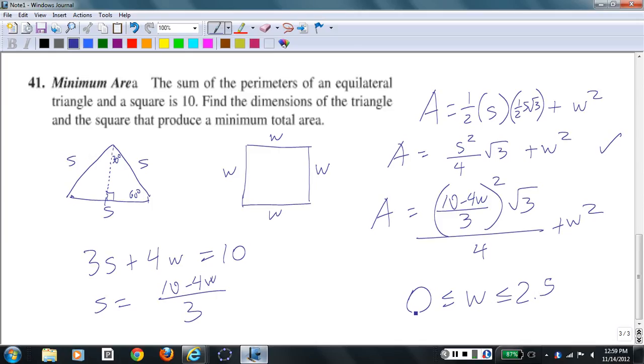So with that interval of acceptable values of W, you can come up with a minimum value. It's an ugly polynomial, but it's a polynomial. If you can simplify that, take a derivative, set it equal to 0, find a critical number, I think you could find a nice minimum value.